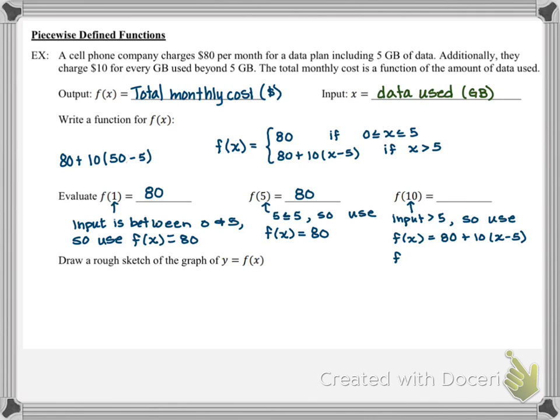Once we figure out which one we're using, we plug in our input the same way we always have when we evaluate functions. So f of 10 equals 80 plus 10 times 10 minus 5. So 10 minus 5 is 5, times 10 is 50, plus 80 is 130.